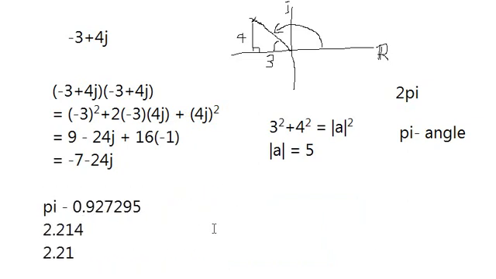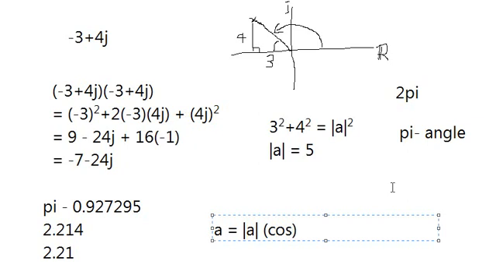But the question actually asks you not to find the argument and the modulus. He wants you to put alpha in modulus argument form, which means you need to do the mod of alpha multiplied by cos of the argument plus j sine of the argument.